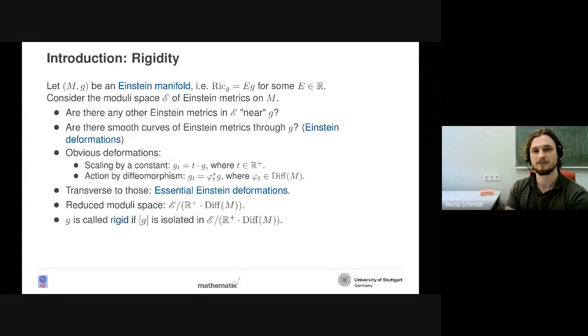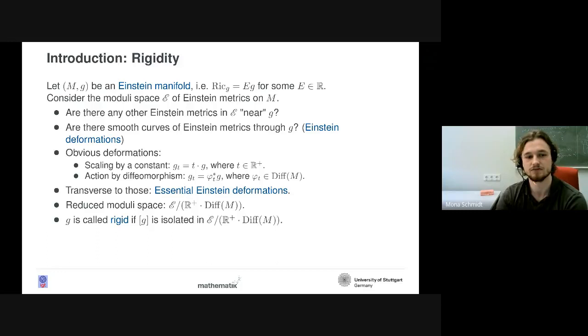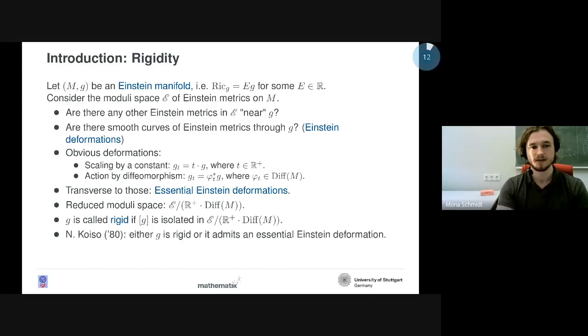Now, we call an Einstein metric rigid if its equivalence class in this reduced moduli space is isolated. That means there are no interesting ways to deform this Einstein metric; the only way to deform it is by scaling or by action by diffeomorphism.